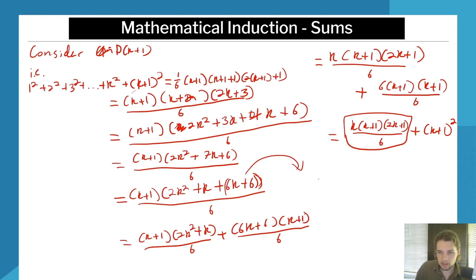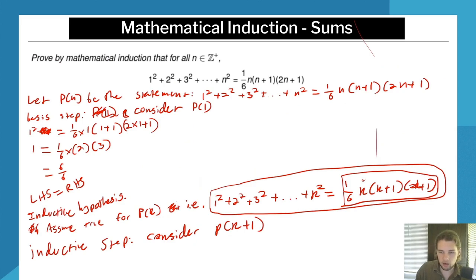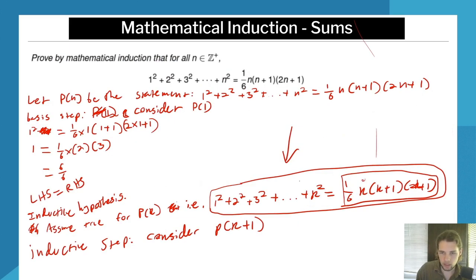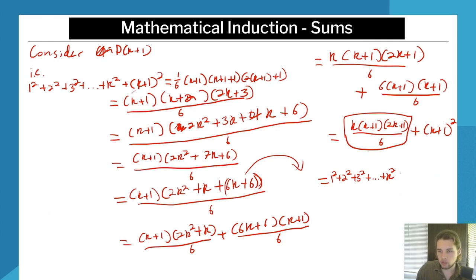So then I can say equals, since this right side here is equal to that, 1 squared plus 2 squared plus 3 squared plus dot dot dot plus k squared, because this side is equal to that side, and then we have this extra plus k plus 1 squared. And now our equation actually looks exactly like this over here. So our proof is done.